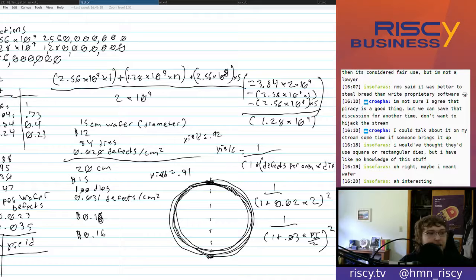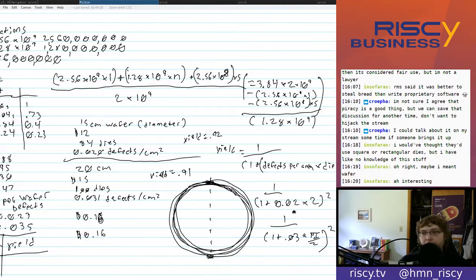I don't know. If you visualized it, if you drew a circle in GIMP or something and then fit rectangles into it, you'd probably see how it works out better. But I'm not going to bother spending all that time doing that. So I'm just going to trust the algebra that I just did.